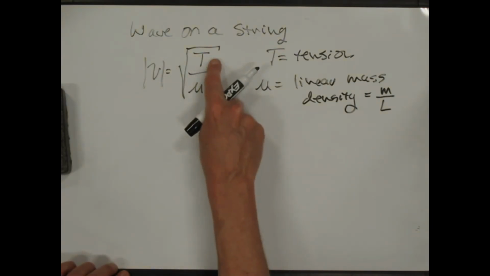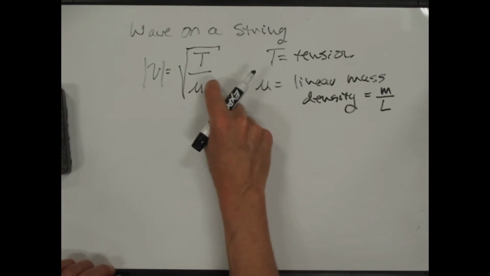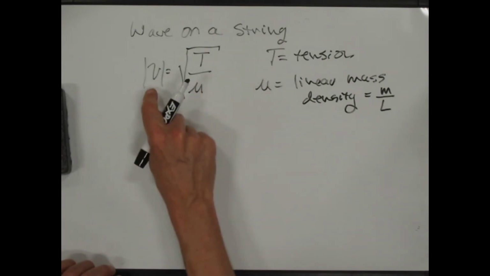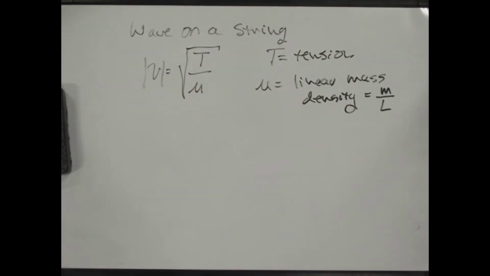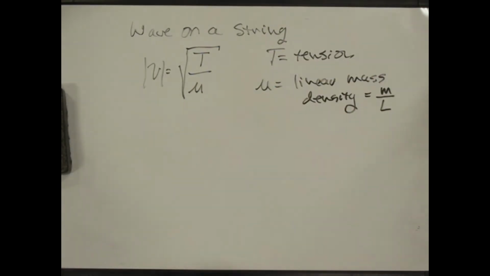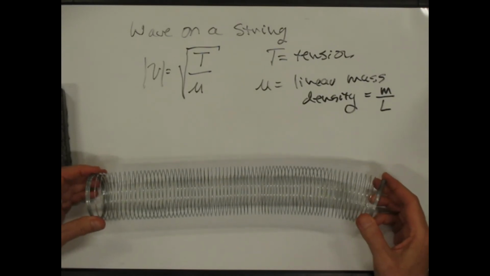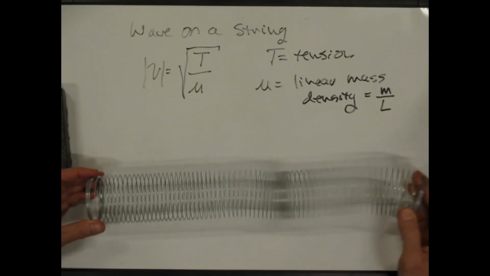And notice that you can increase the speed of the wave by increasing the tension. This is what a guitar does. If you turn the knobs on a guitar, you can change the speed of the wave. Similarly, if you use a thicker rope, you reduce the speed. For example, where's my slinky? You can think of this as a wave. If I do this, you can see the wave traveling back and forth on there.